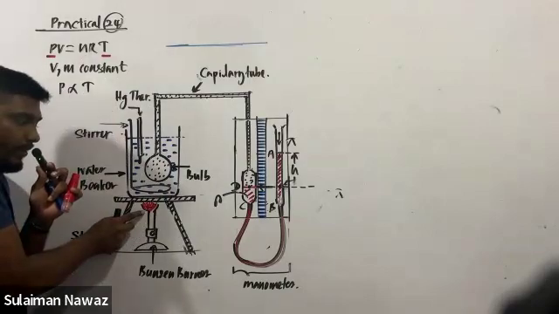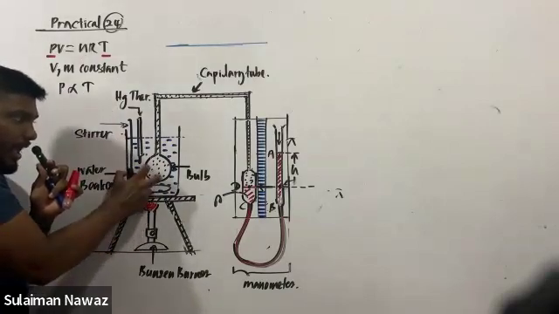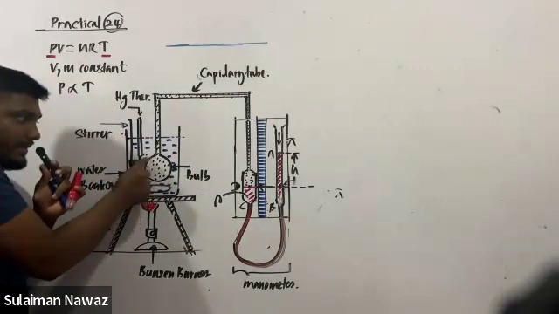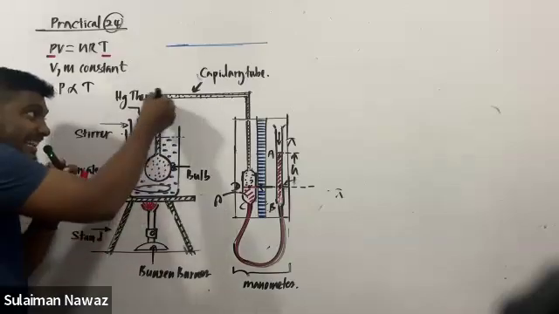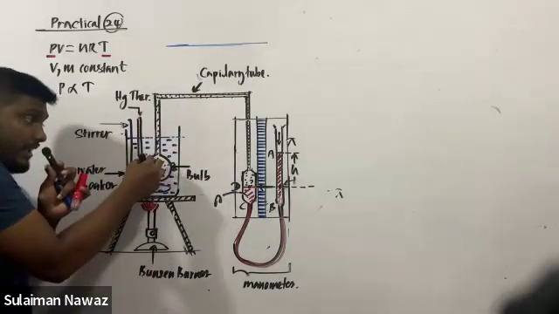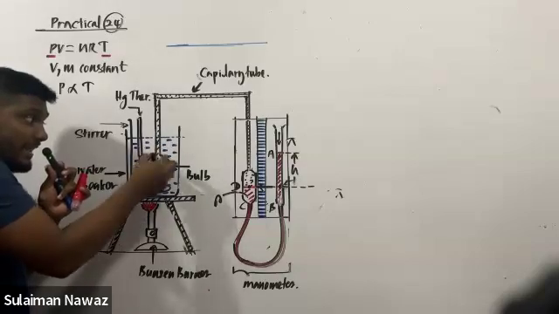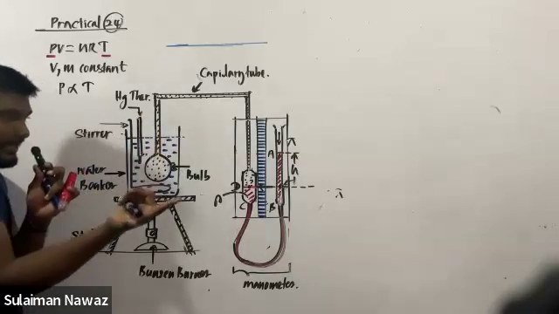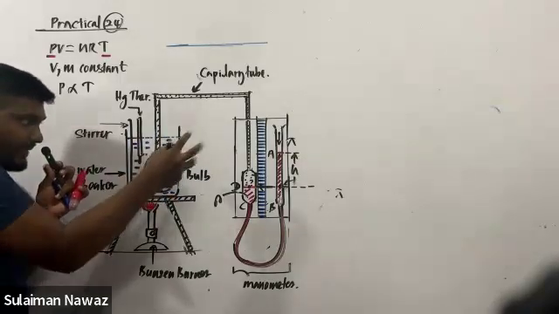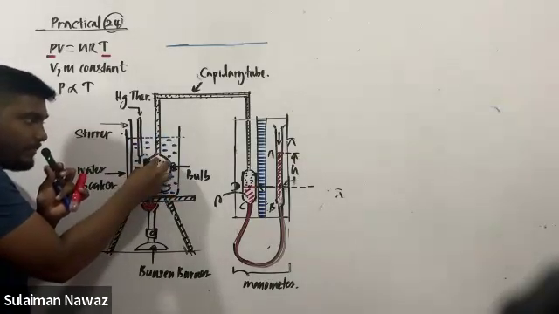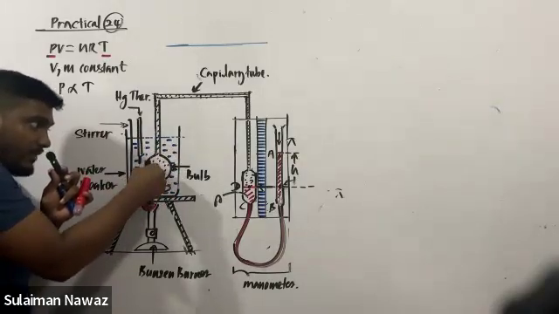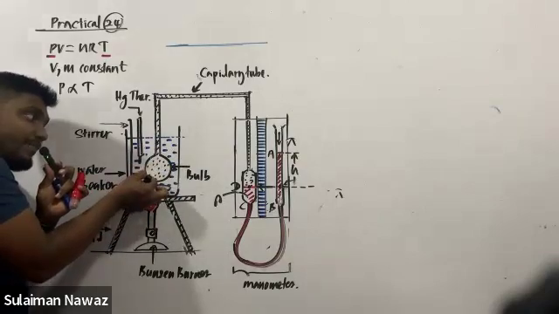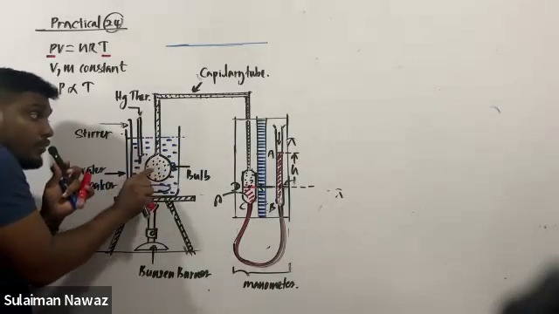When you burn the Bunsen burner, heat propagates and the water boils. As this bulb is inside the water, the gas inside the bulb gets heated. As a result, the temperature of the gas increases. This is your gas sample, inside the bulb. By changing its temperature, we are going to observe the pressure.